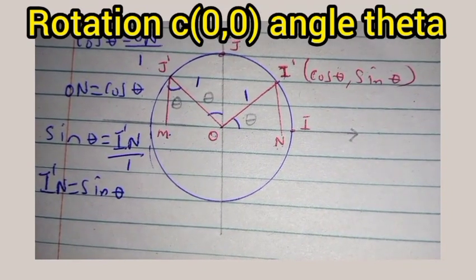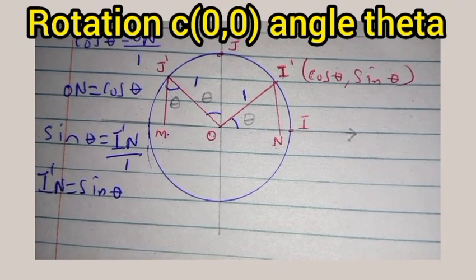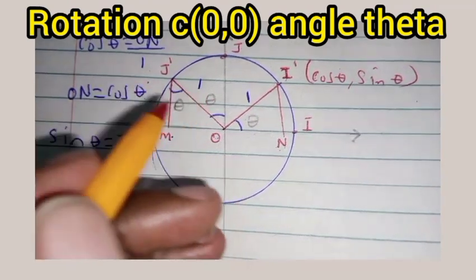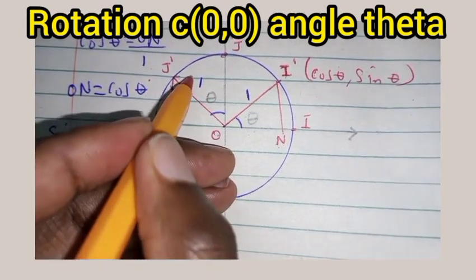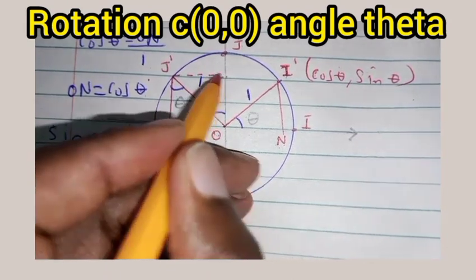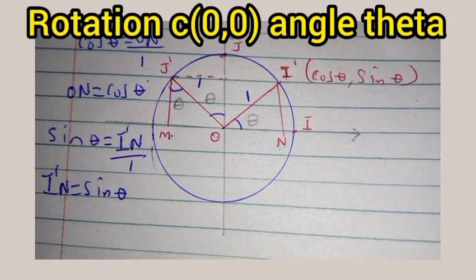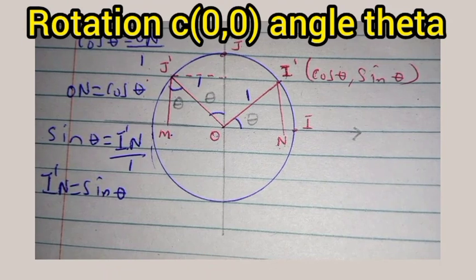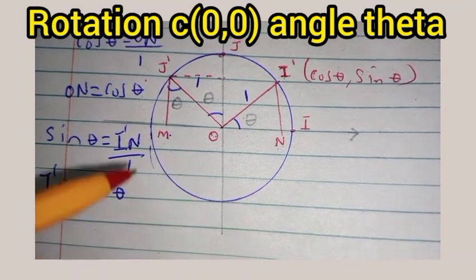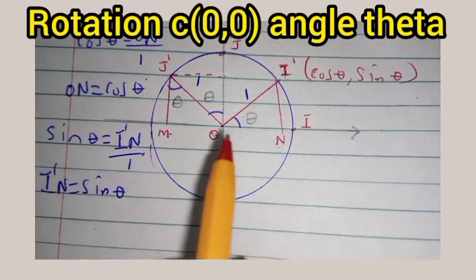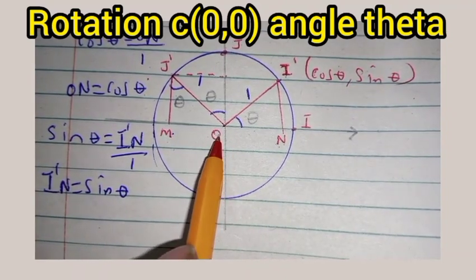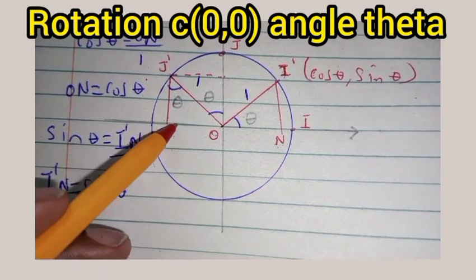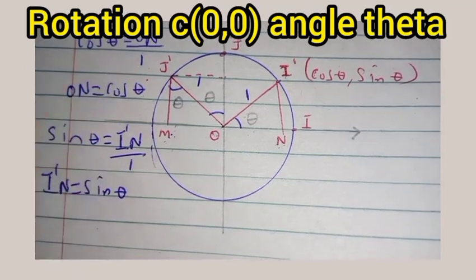Next, we want to get the x coordinate of j prime. J prime is here. Clearly you can see our j prime is this distance here. When you look at it keenly, along the x-axis it is distance OM, and along the y-axis it is distance MJ.